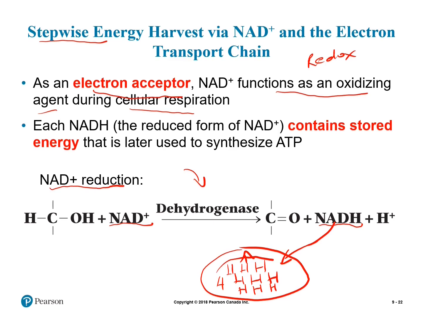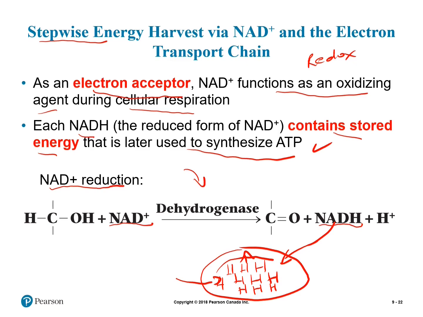So this NADH is the way that we store the energy to put it inside of both organelles, and later we use it to synthesize ATP. So this molecule is very important, and in that way we don't lose as much energy.